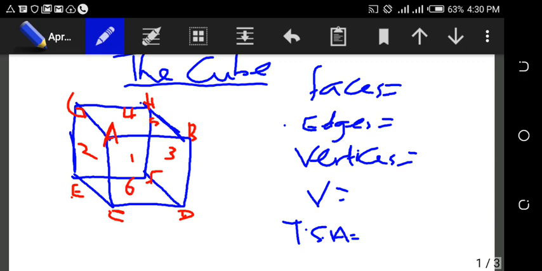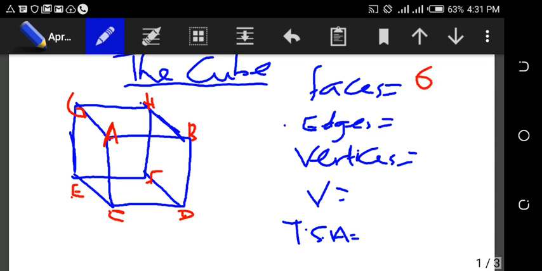I hope you can make out what we've been doing so far. So this means that your cube has 6 faces. So the number of faces that a cube has is 6 in number.